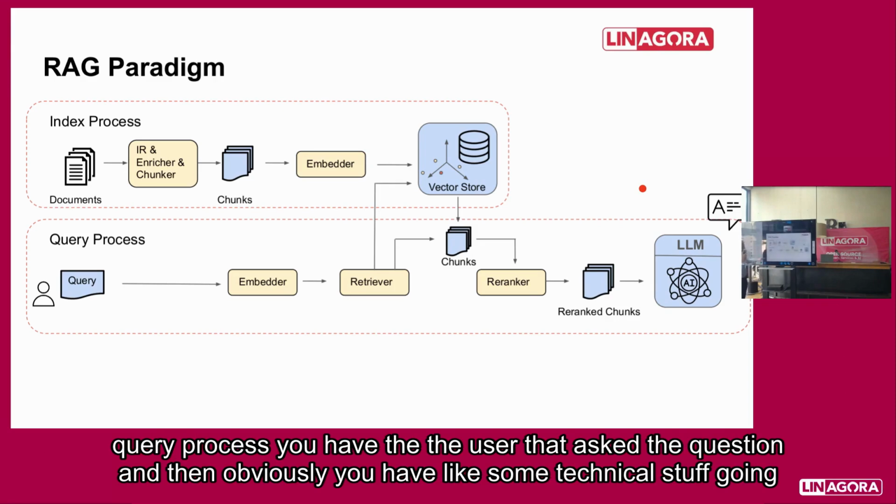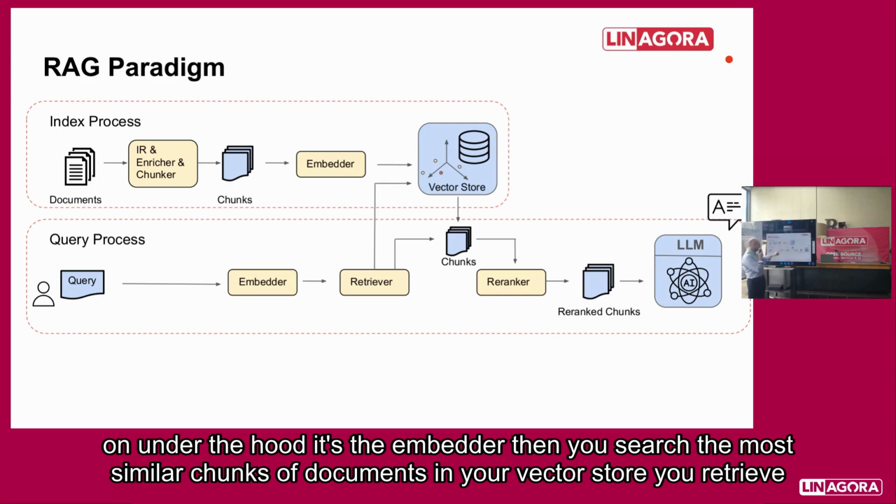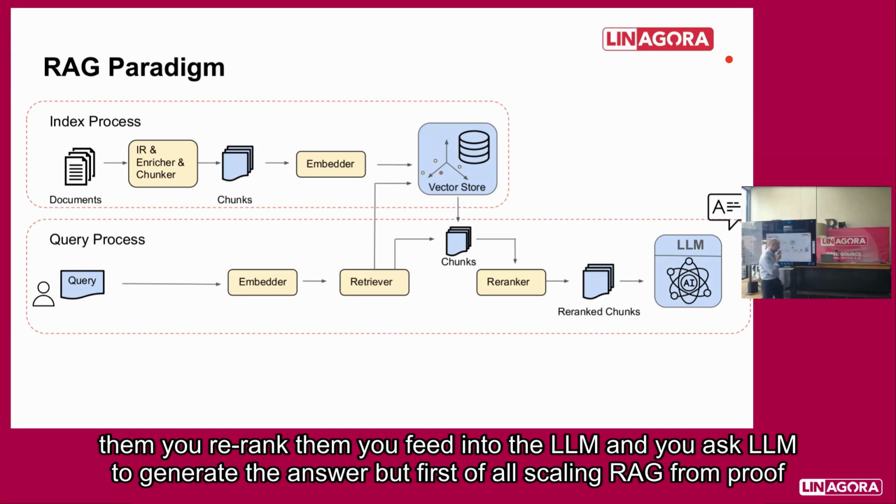You have the user that asks the question. And then obviously you have some technical stuff going on under the hood. It's the embedder. Then you search the most similar chunks of documents in your vector store. You retrieve them, you re-rank them, you feed them into the LLM, and you ask the LLM to generate the answer.